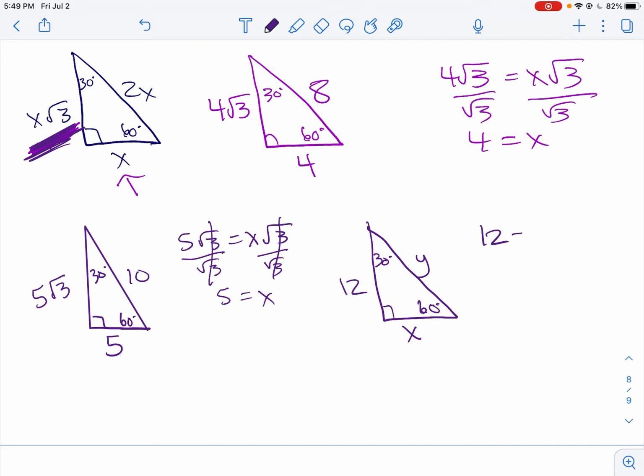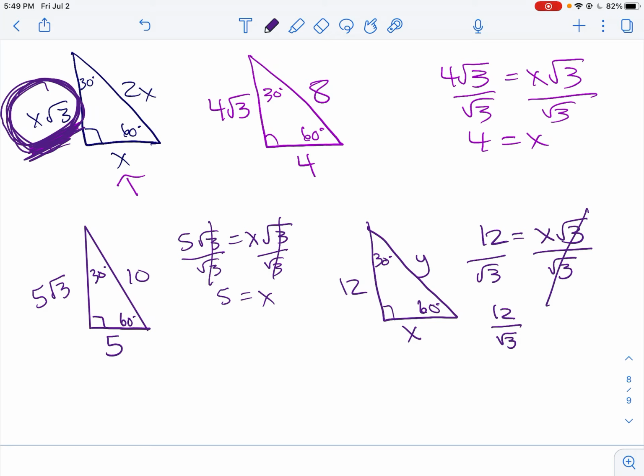So I take the 12 and I set it equal to x radical 3. Again, where did I get that? Right here. The side opposite 60 degrees is equal to x radical 3. So I would divide both sides by radical 3, because I want the x by itself.